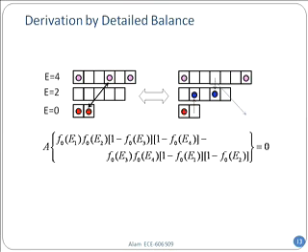So those will be the blue states. The blue states must be empty. Remember that a state cannot be filled by 2 electrons. So if they are not empty, you cannot go there. Therefore, I have 1 minus F naught, 2 factors of 1 minus F naught on the first term.